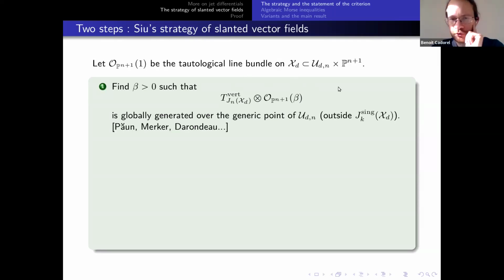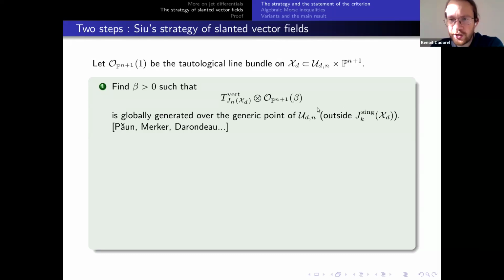Okay, so you want to prove that it is globally generated, but it is okay if it is not globally generated above the singular locus of this. Sorry, I realize I might be mixing n and k a lot of times in the future, but in this strategy, n is equal to k actually, so it will not matter too much. So you fix the order equal to the dimension of your hypersurface.